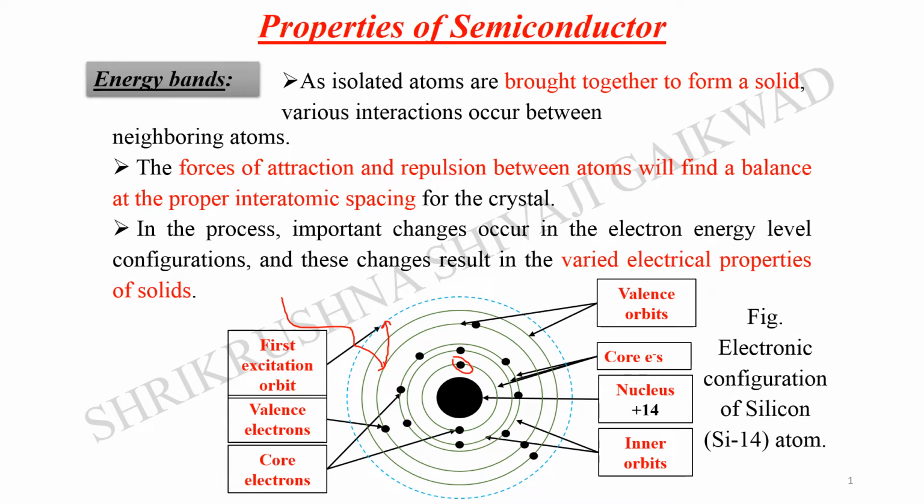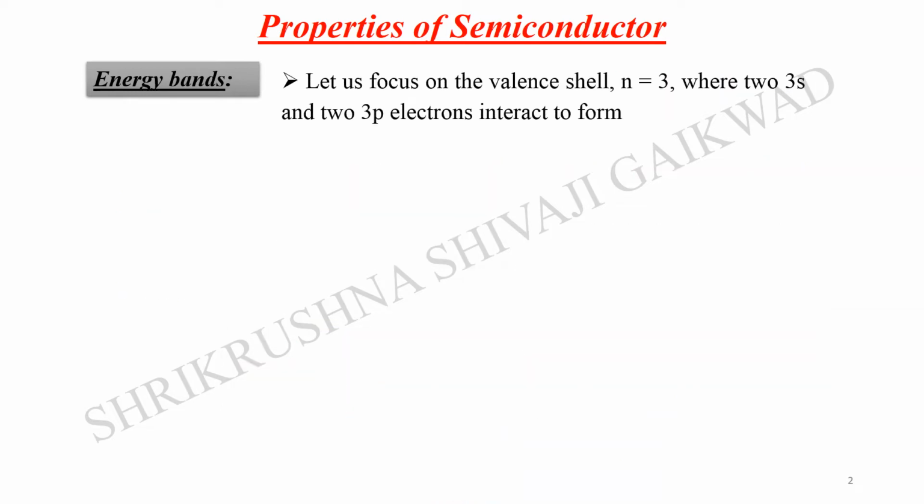So the shell next to the valence orbital is called the first excitation orbital. Now let us focus on the outermost shell, that is n is equal to 3.